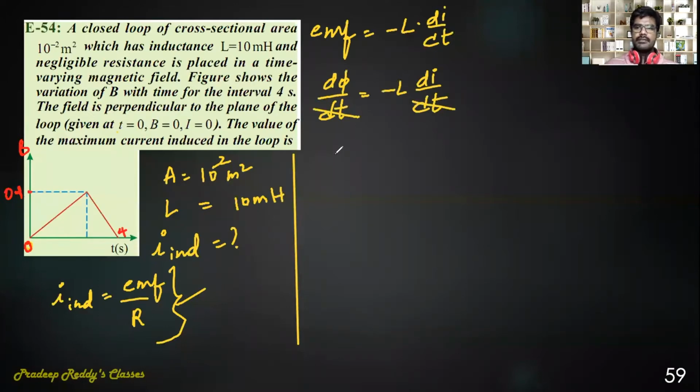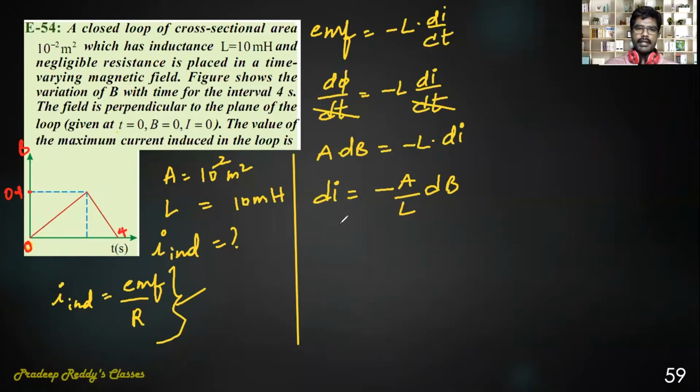The dt on both sides gets cancelled. So I can write d phi is A into dB, which is equal to minus L into di. From here I want to find out I. Therefore, di is equal to minus A by L into dB, where dB is the variation of magnetic field.